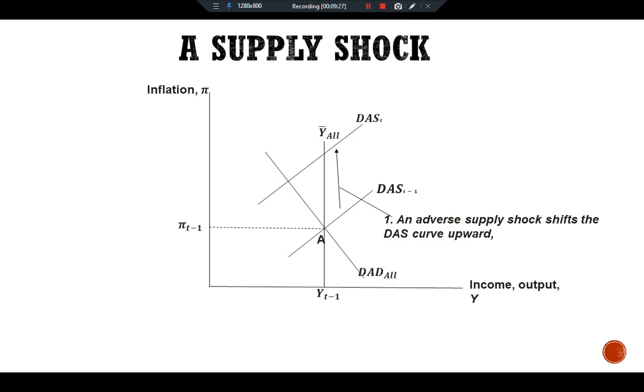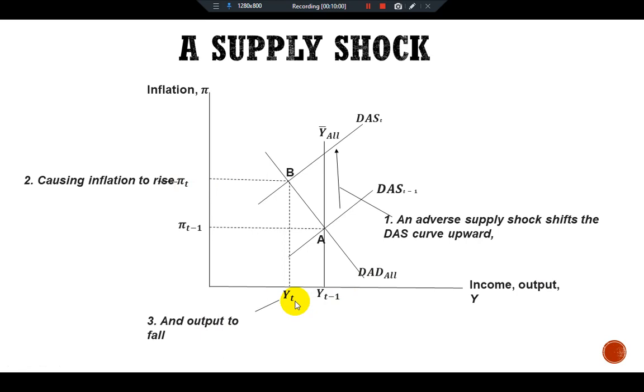This new dynamic aggregate supply curve intersects the demand curve at point B. We have a higher level of inflation. This will cause inflation to rise to pi t, and we have a reduction in output from Y t minus 1 to Y t.